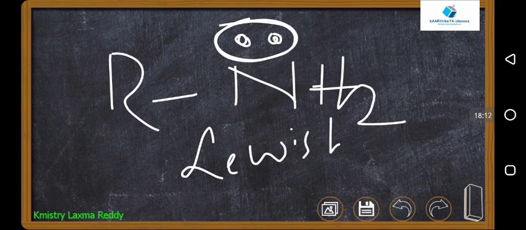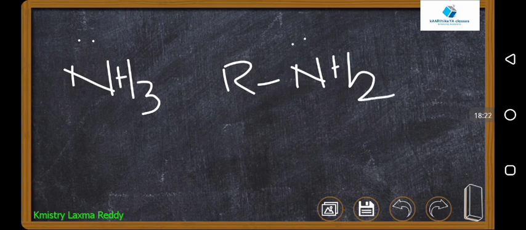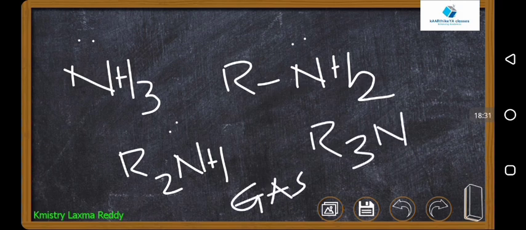It can donate the electron pair. Now you see, this is ammonia. This is RNH2. This is R2NH. And this is R3N. I am discussing the gas phase, not the solution phase.